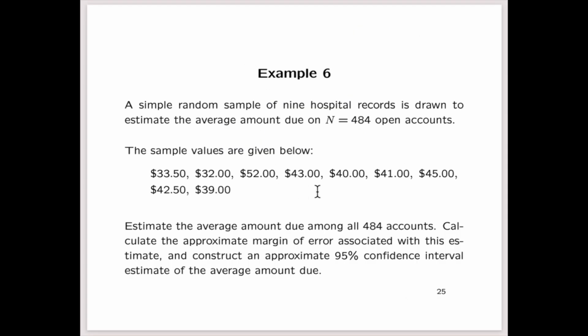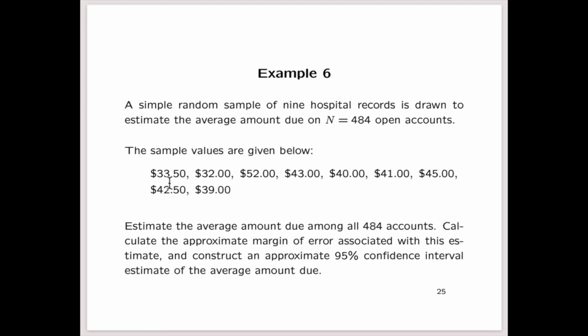Okay, let's look at another example. In this example, we have a simple random sample of 9 hospital records that was drawn for the purpose of estimating the average amount due on N equal to 484 open accounts. So again, the population size is 484. The sample values are given below.